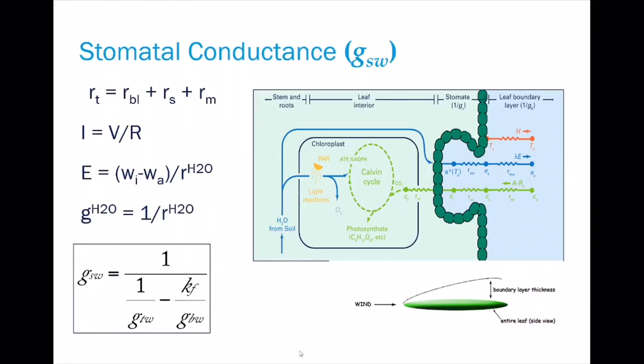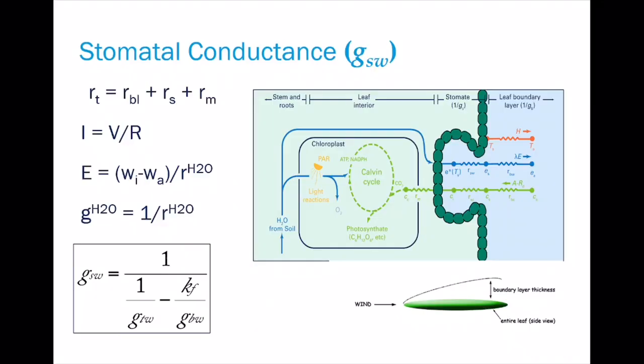We know what the boundary layer conductance is because we have measured it with wet filter paper in all of our chambers that we manufacture. We have changed the fan speed in the chamber, and we've actually measured what our boundary layer resistance or boundary layer conductance is.